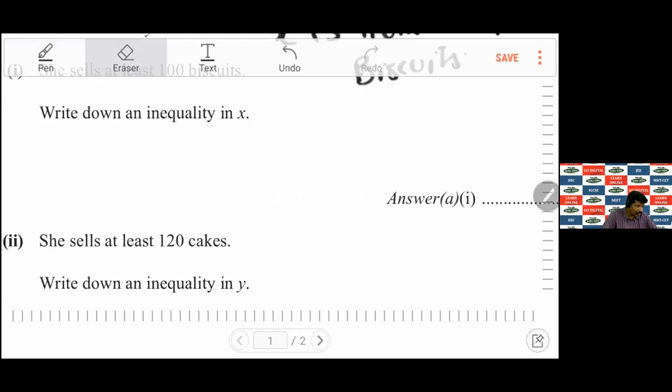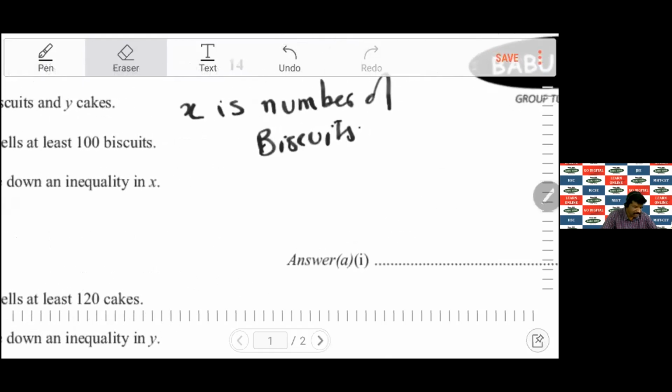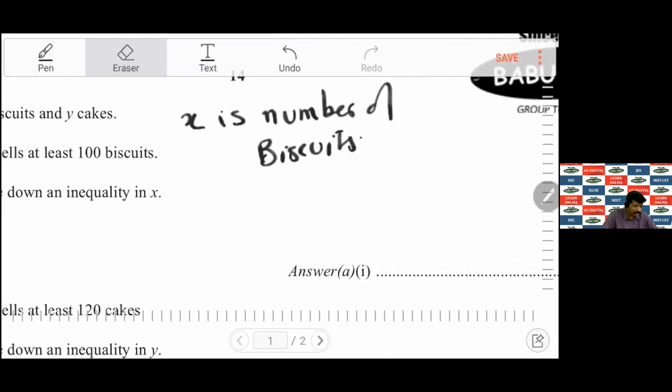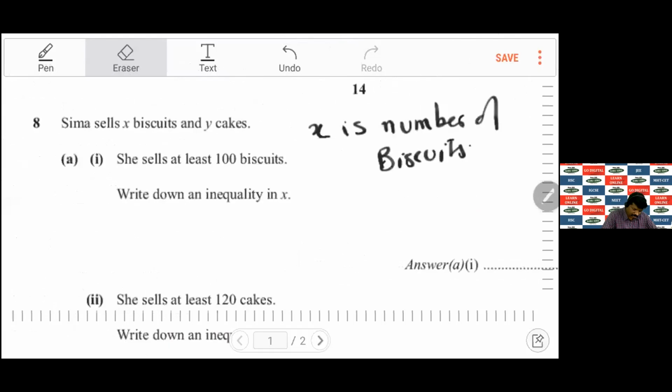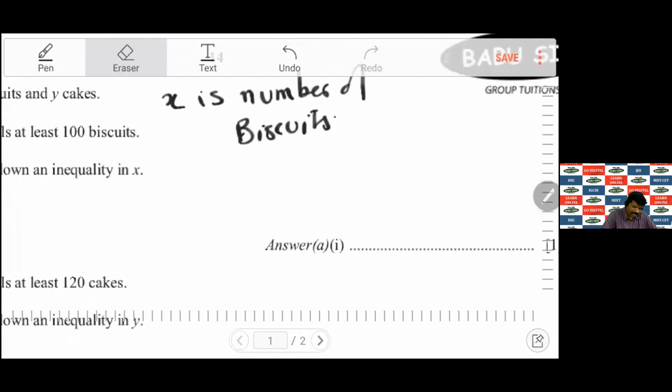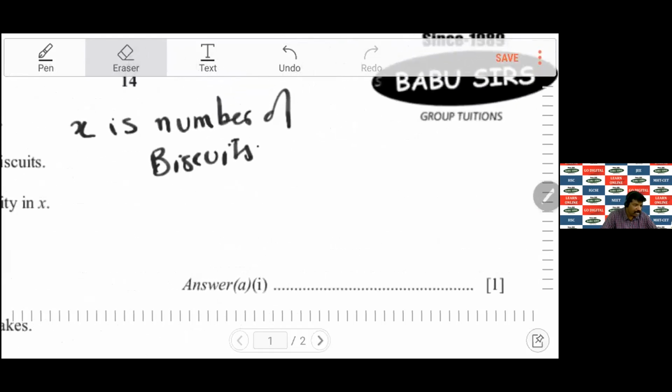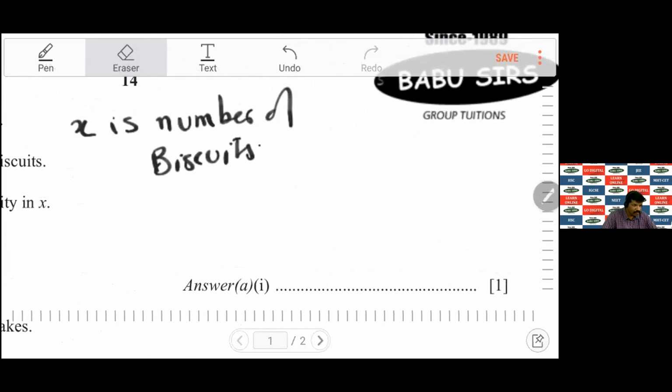Now, Satnam. Yes, sir. Satnam, what is X? X is the number of biscuits. Suppose Seema is going to buy 4 biscuits, how will we write?